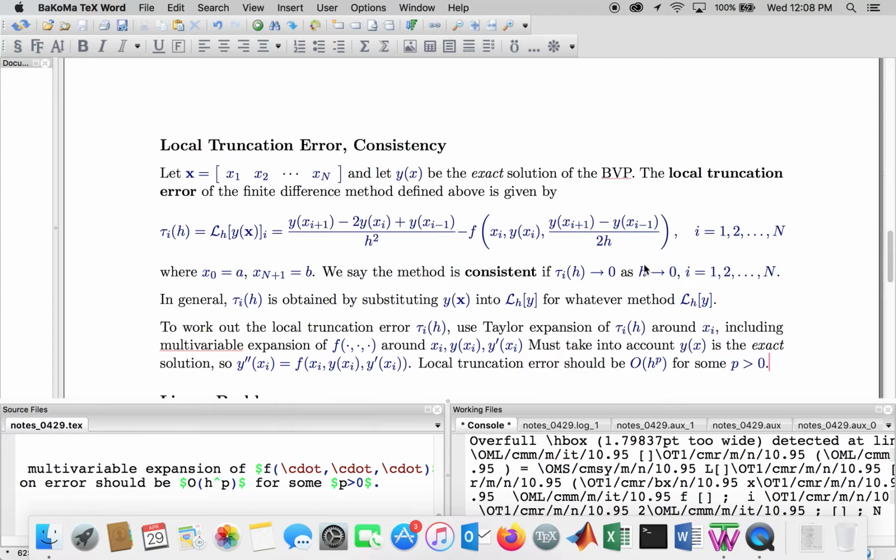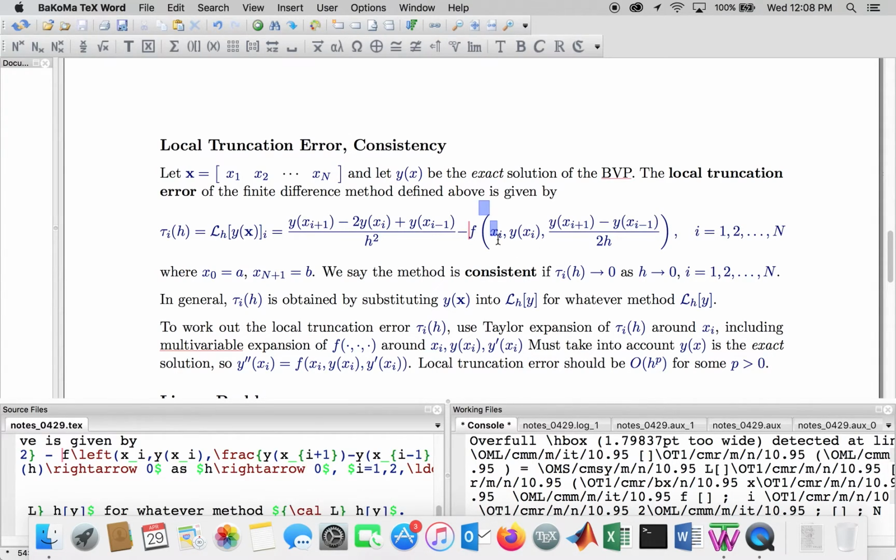So for completeness, the reason why we need multivariable Taylor expansion is if you're taking a Taylor expansion of this whole expression around xi, then you would need a derivative with respect to x of this whole expression evaluated at xi.